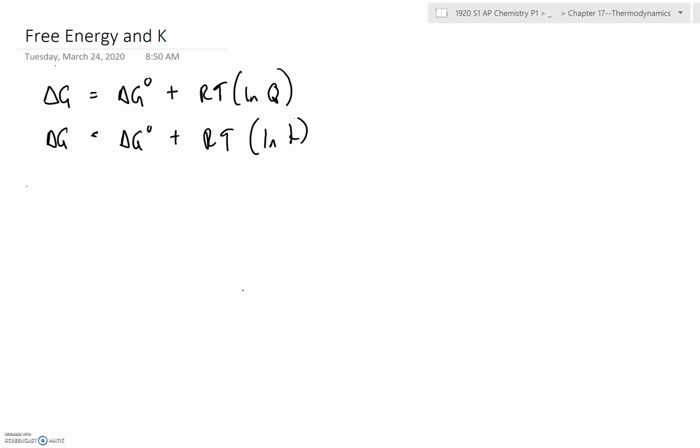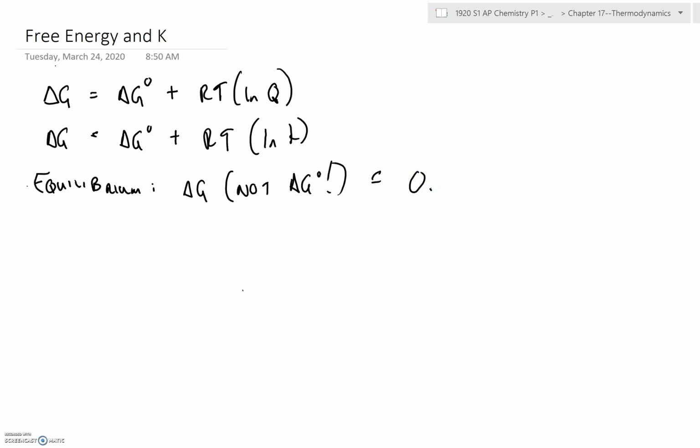If we let the reaction run until it reaches equilibrium under non-standard conditions, there's no more spontaneity. So at equilibrium, even if it is non-standard conditions, this value for delta G, notice that it does not have the little degree symbol after it, has to be 0.